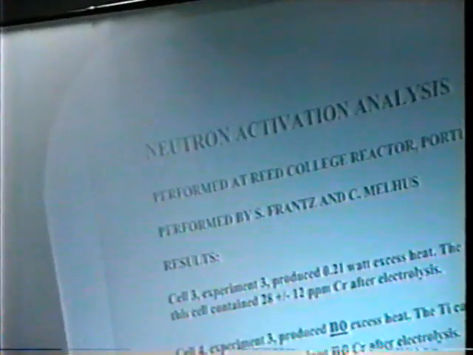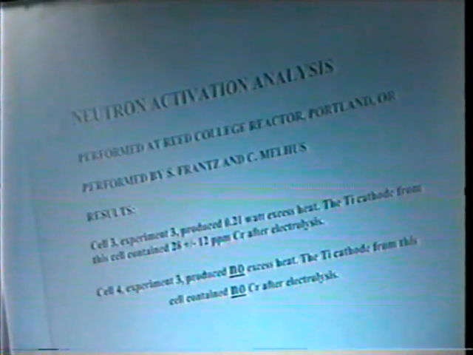I give them electrodes and they analyze them blind. They don't know what I'm giving them. What we found was cell 3 gave 28 parts per million, plus or minus 12 parts per million. This is the cell that produced excess heat.